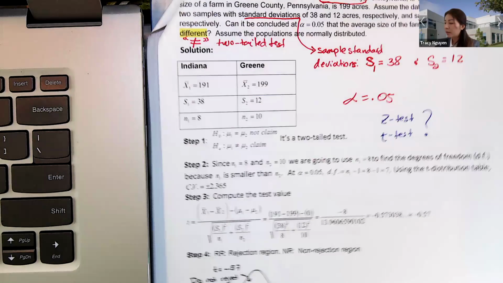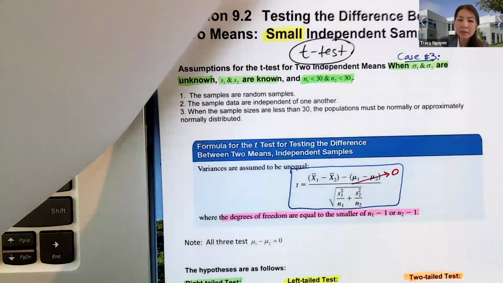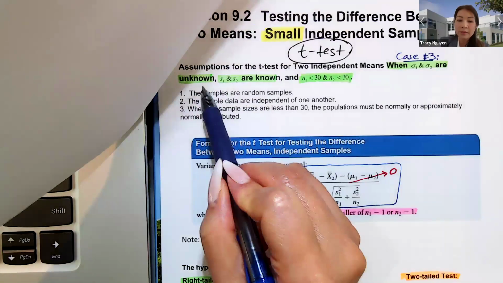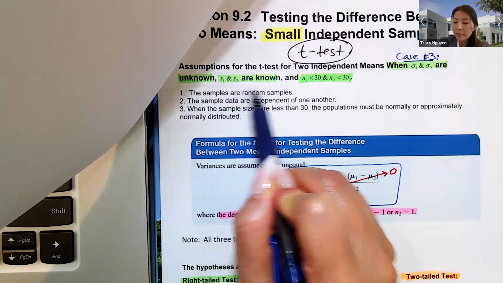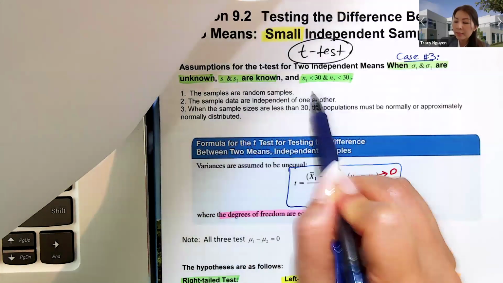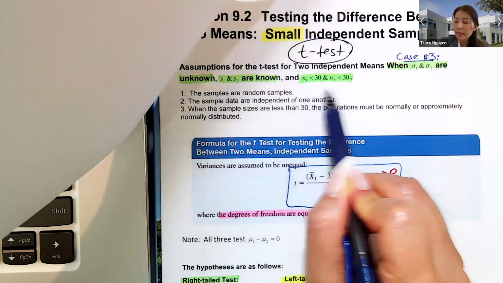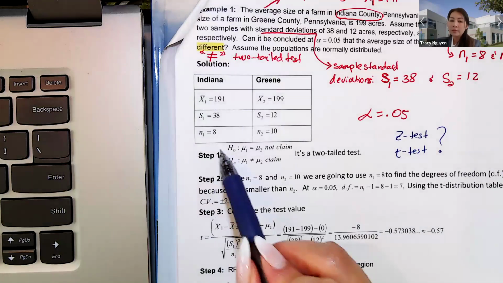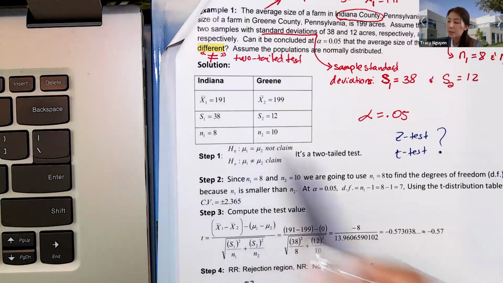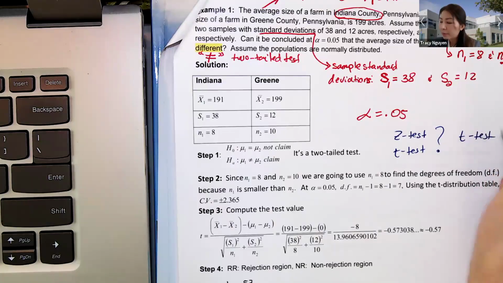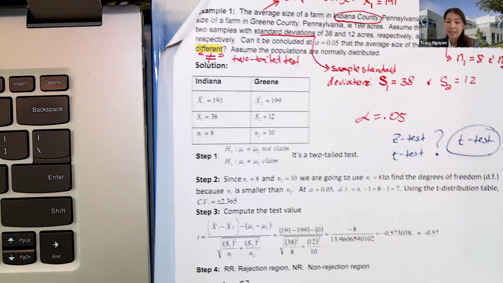We're going to move on to case 3. Sigma 1 and sigma 2 are unknown. That's true. S1 and S2 are known. That's true. Our sample sizes N1 less than 30 and N2 less than 30. That's true because N1 is only 8 and N2 is 10. So therefore, we decided that we're going to go by t-test.